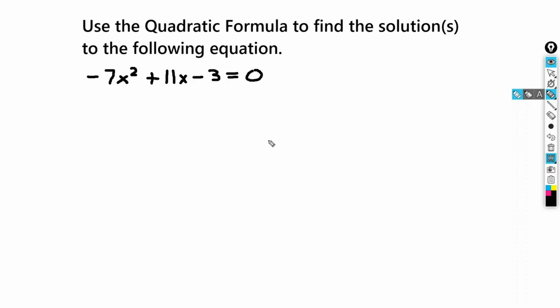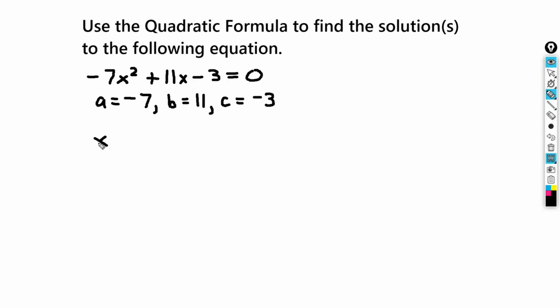So let's start by identifying a, b, and c. So a equals negative 7, b equals 11, and c equals negative 3.